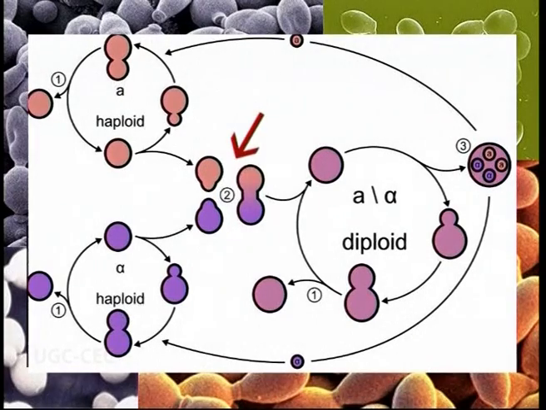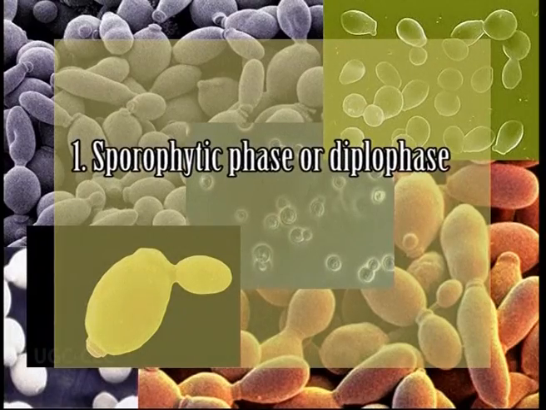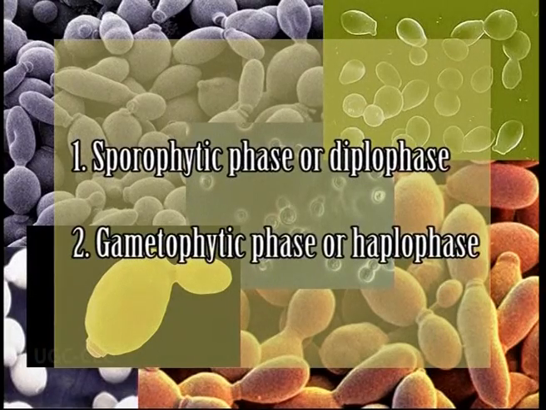The gametangia resort to conjugation and fuse to form the diploid zygote. The zygote by budding gives rise to large strain diploid yeast cells representing the diplophase. It is evident from this account that the life cycle of Saccharomyces cerevisiae consists of 2 distinct phases, the sporophytic phase or diplophase and the gametophytic phase or haplophase.